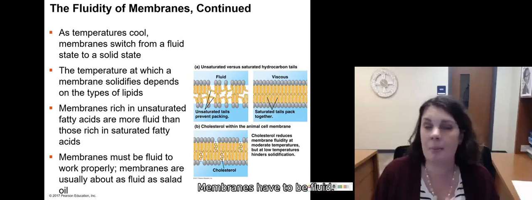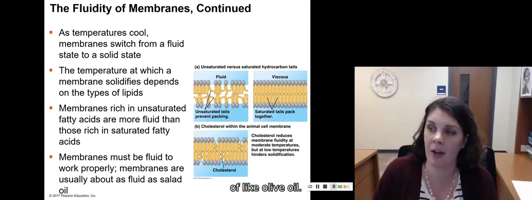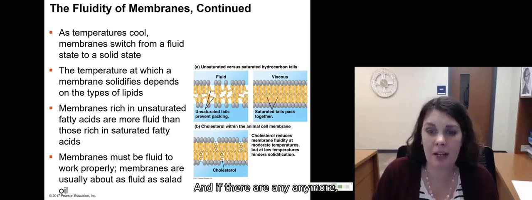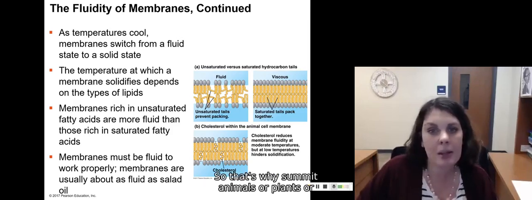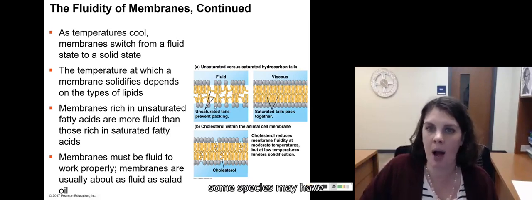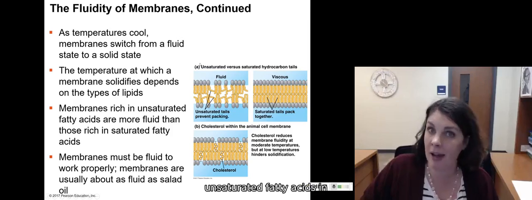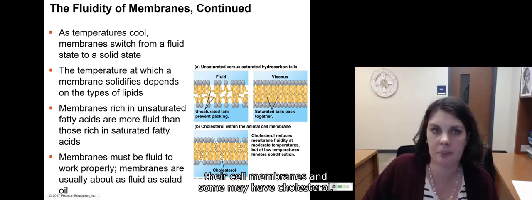So that will keep your membranes fluid. The membranes have to be fluid. They're going to be about the consistency of olive oil, and if they're any more solidified than that, they don't function as well. So that's why some animals or plants or some species may have unsaturated fatty acids in their cell membranes, and some may have cholesterol.